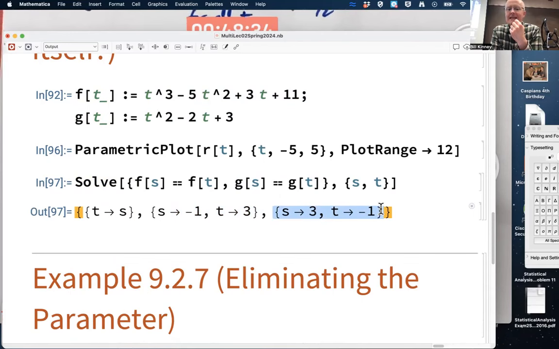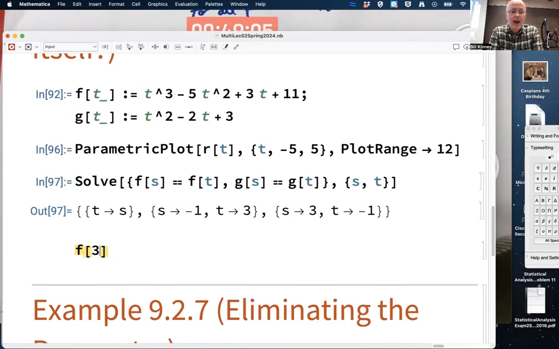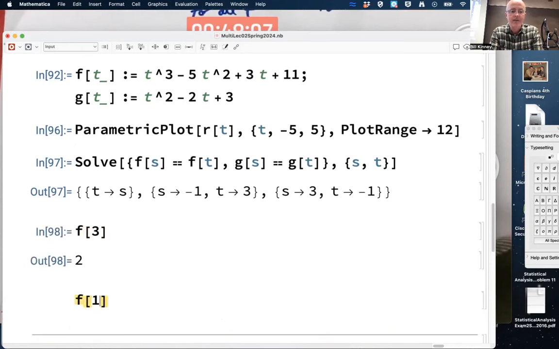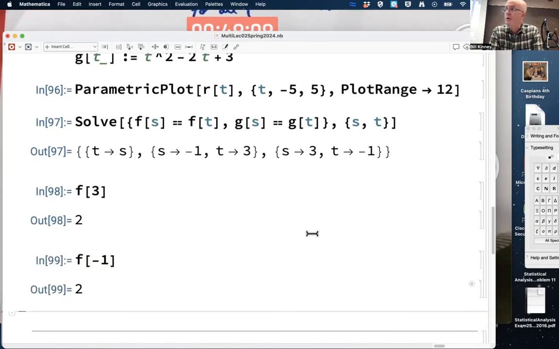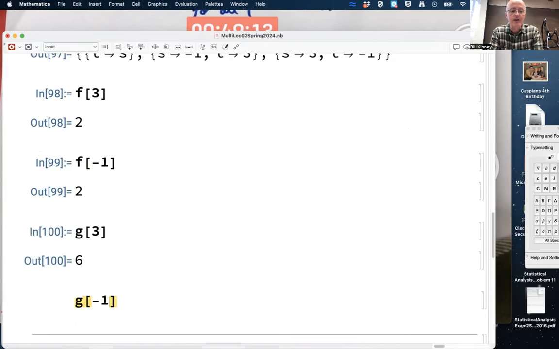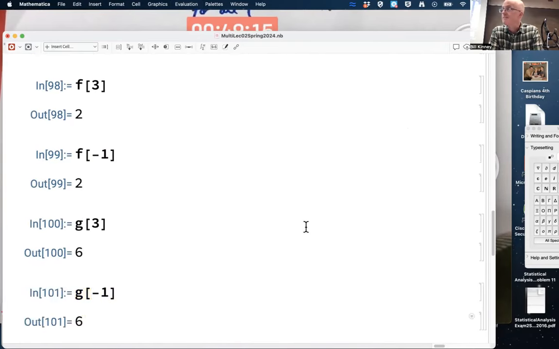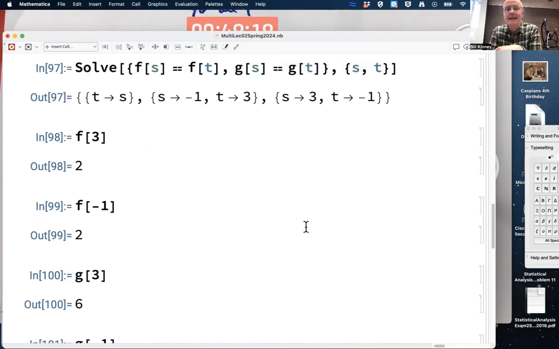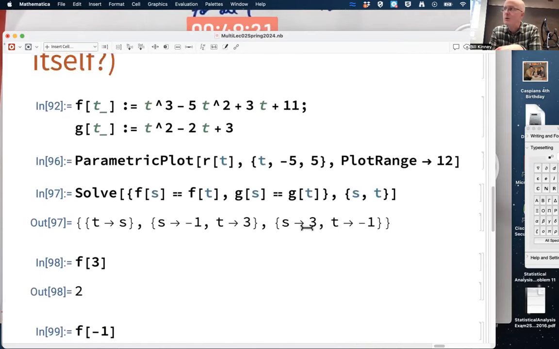What that means is 3 and -1 are solutions. f of 3 and f of -1 are both 2. g of 3 and g of -1 are both 6. You're at the same point with x, y coordinates 2, 6 at these two separate times, -1 and 3.